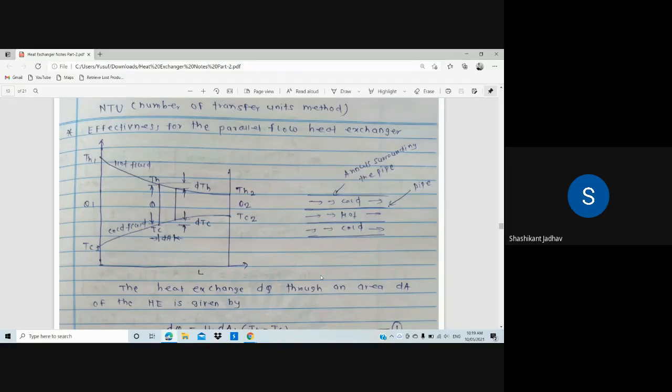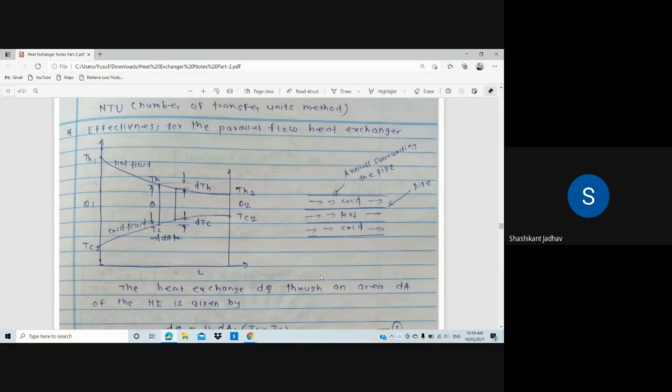Okay, and at the left hand side, the temperatures Th1 and Tc1, this temperature difference is nothing but theta1, and at the right hand side Th2 and Tc2, and that temperature difference is nothing but theta2. Okay, so now we have to write down the equation.